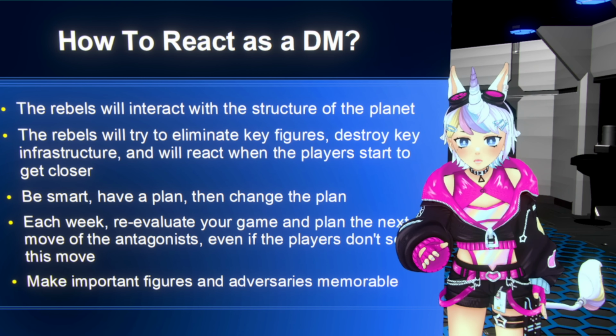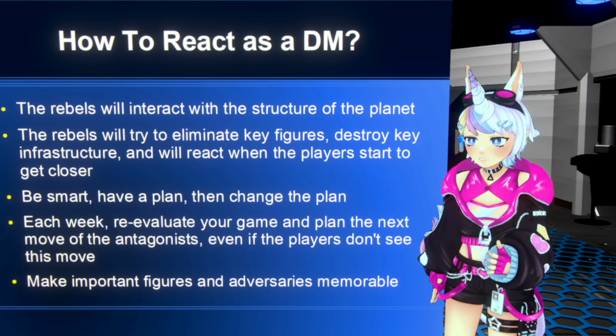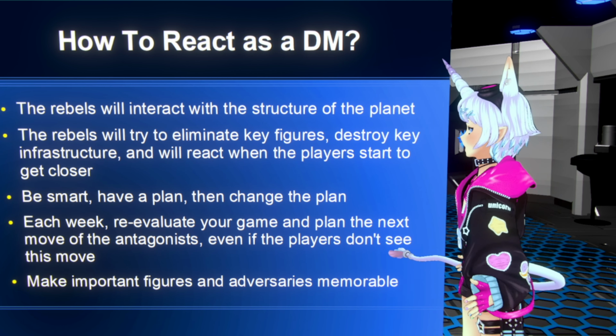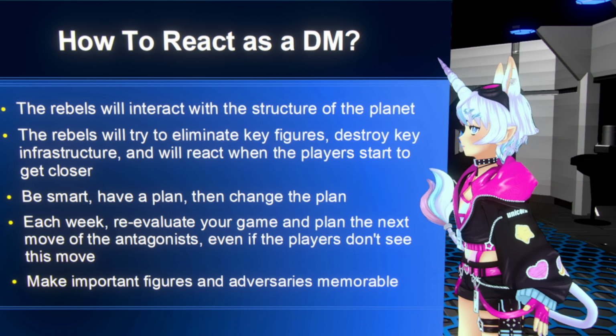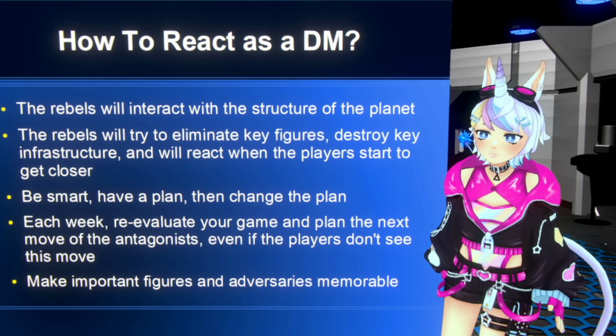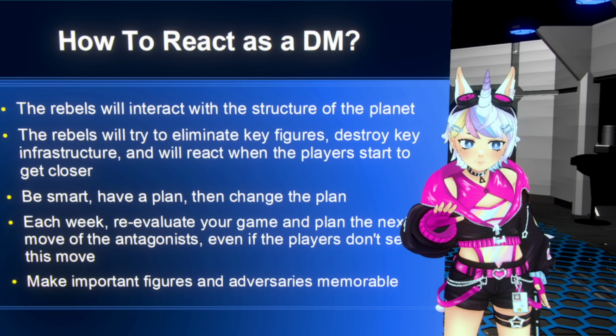The rebels are going to interact with the structure of the planet. They will try and eliminate key figures, destroy key infrastructure, and will react to what the players do when they start to get closer. They will not want these Imperial officers finding out what they're doing, so they will try to lash back. You have to be smart, and you have to have a plan.